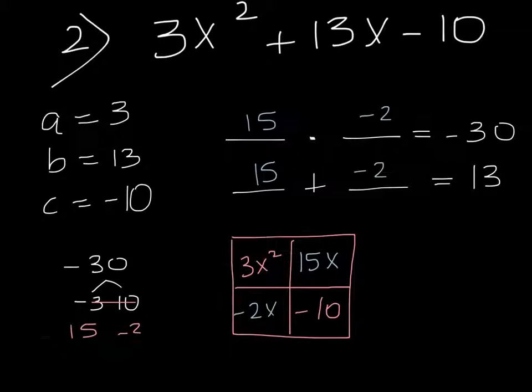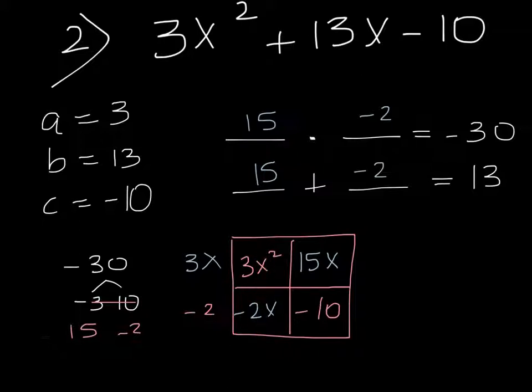Okay? Now what you need to do is to find the factors vertically and horizontally. So what's common between 3x squared and 15x? 3x. What's common between -2x and -10? -2. What's the common factor between 3x squared and -2x?